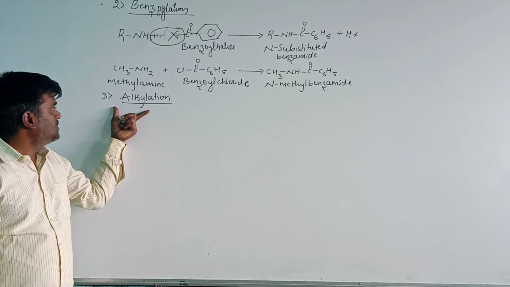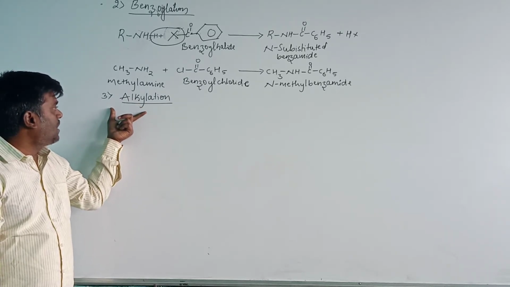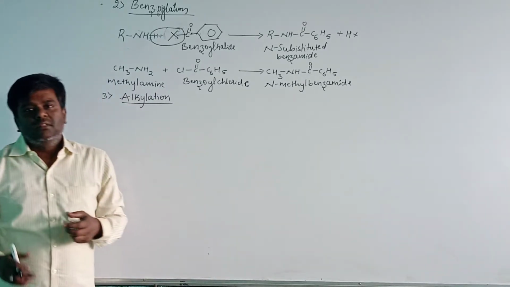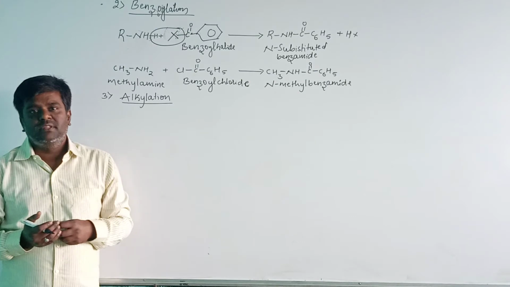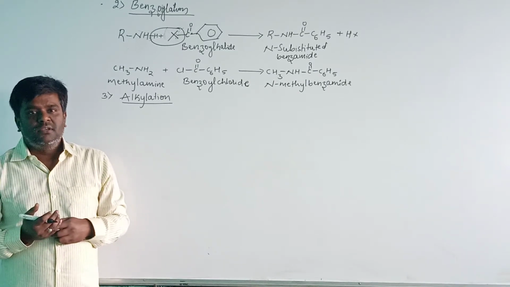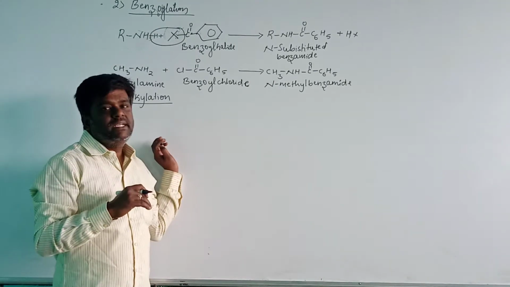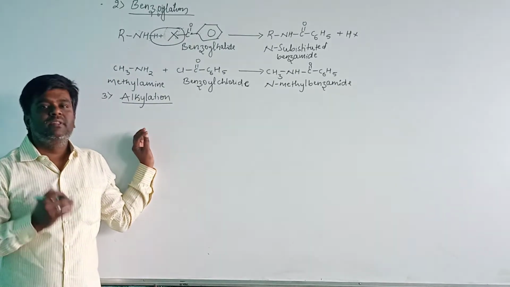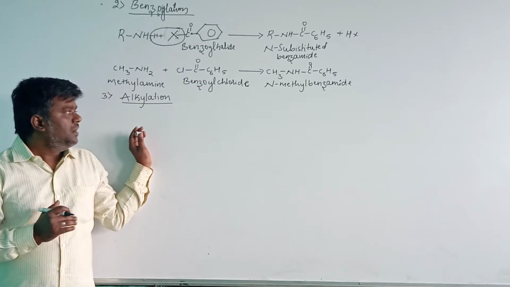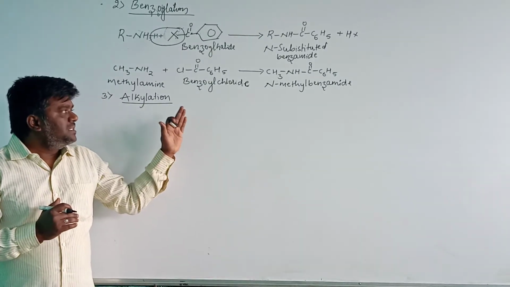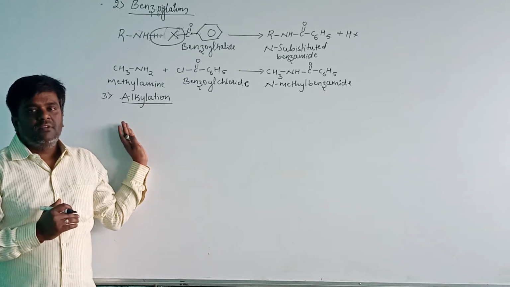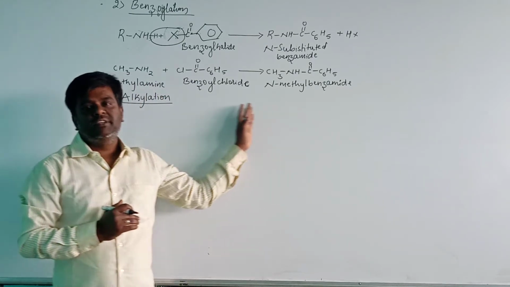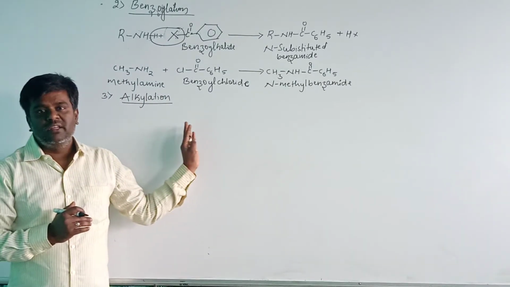Now we will see the same here, the alkylation of amines. When secondary amines react with an alkyl halide in a sealed tube at 373 Kelvin, the secondary amine gets converted to the tertiary amine, and the tertiary amine gets converted to the quaternary ammonium salt.